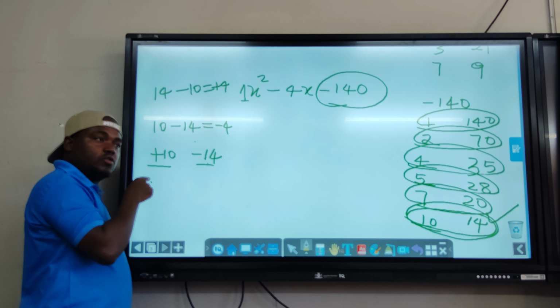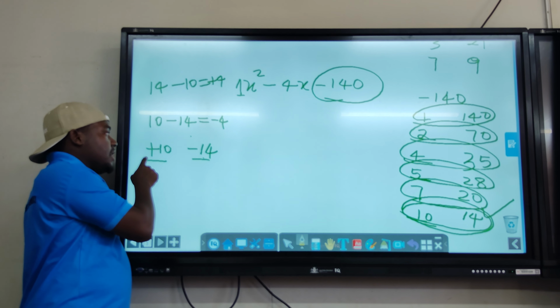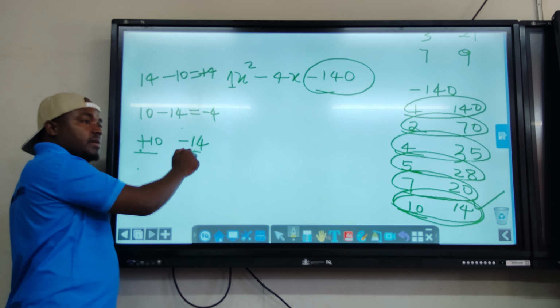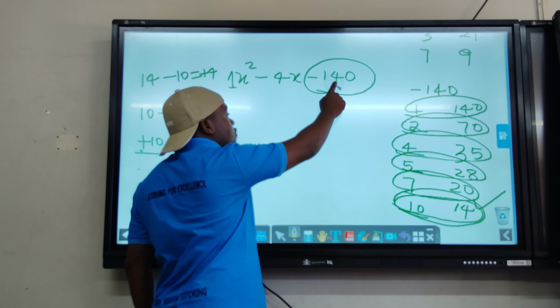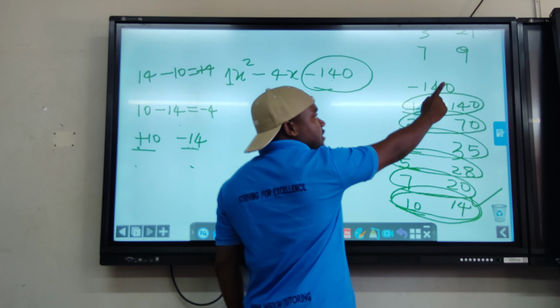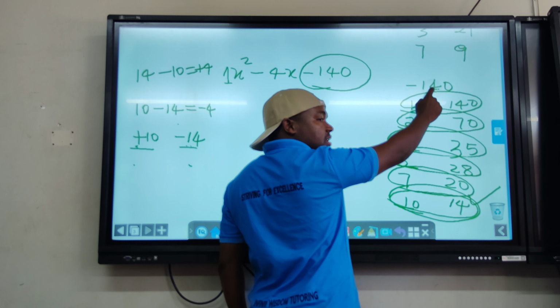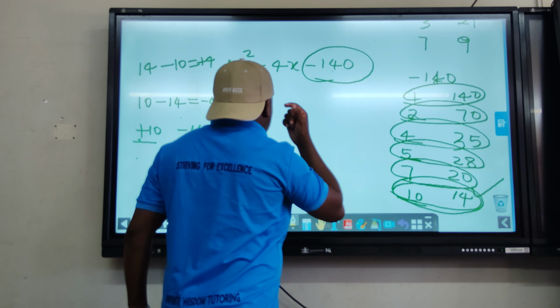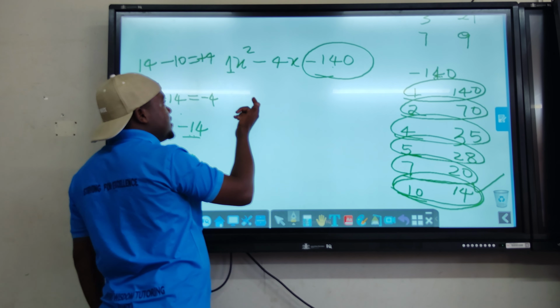It means the two are correct. You see how I tested it? First I add them, they must give me the middle number with the correct sign, and I multiply them, they must give me this 140. Or if I had a certain number here other than 1, they give me the one I multiplied to get the product. You get what I'm saying? Yes. So now, since they are correct, what is next?